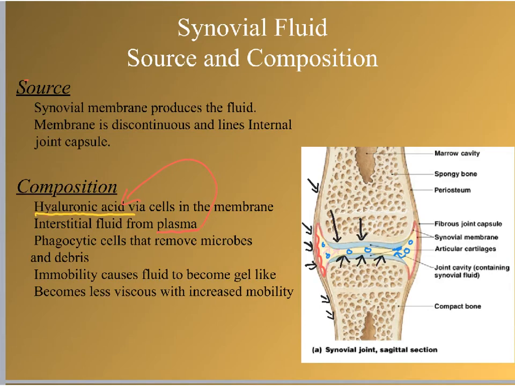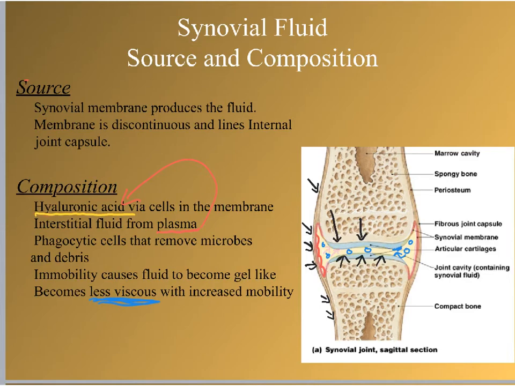Or you hear your parents or your grandparents complain about their joints being stiff. So that really just refers to that synovial fluid being a little bit more gel-like, more viscous. And then as you move around a little bit, that synovial fluid becomes less viscous or less gel-like, and it becomes easier to move around.